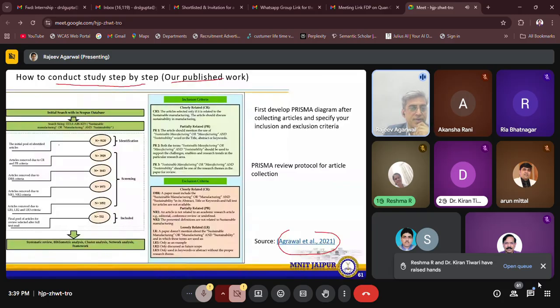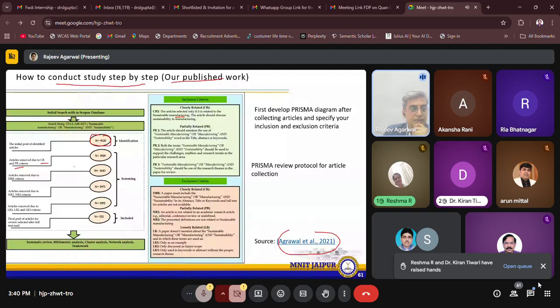The initial pool of identified articles is 9120. After that, articles were removed with the closely related and partially related criteria. The closely related are related to sustainable manufacturing, and partially related are sustainable manufacturing or sustainability.